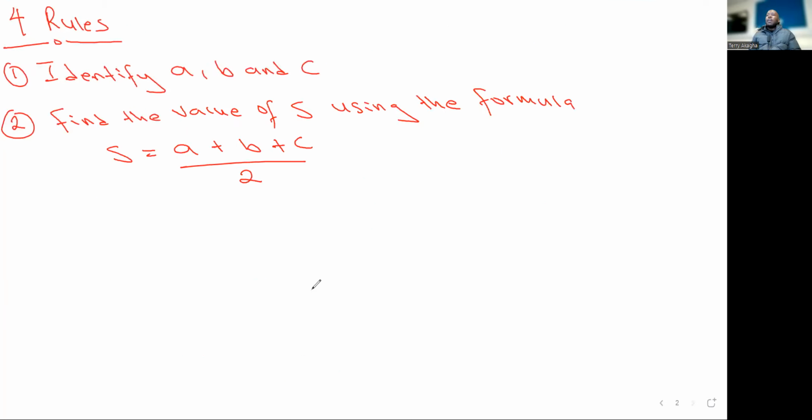Then when you're done finding s, number 3, you substitute a, b, c, and the s value you have into the formula.